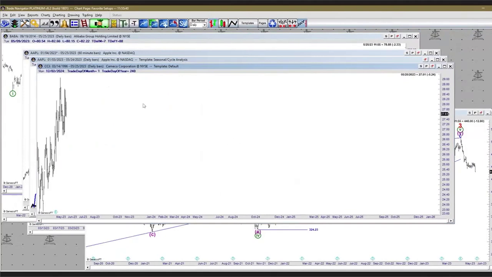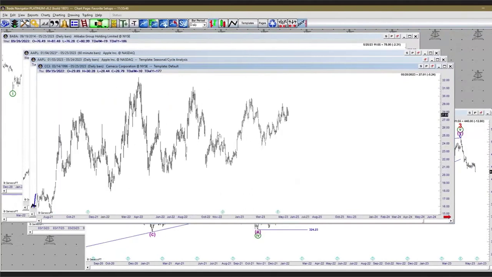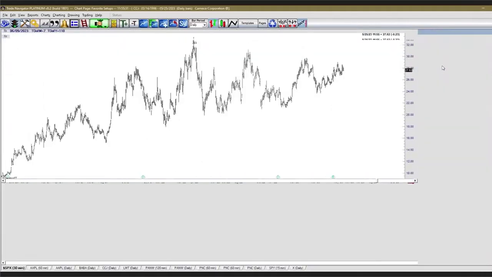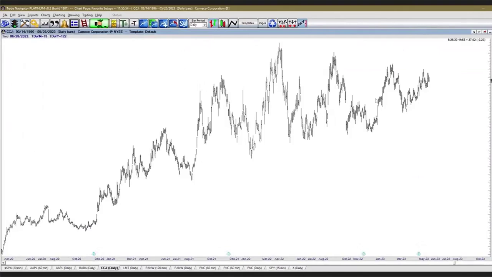It looks like an A, B, C, D, E right there. Now let's see. You could argue A down, B, C, D, E, a bearish triangle. That's possible too. It really hinges on how you count this.